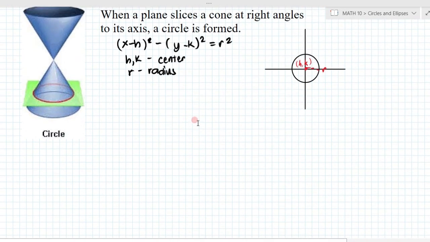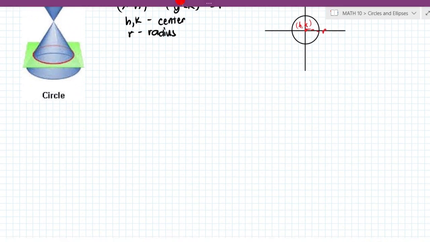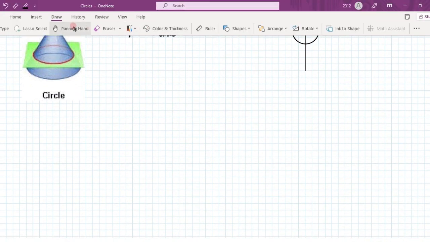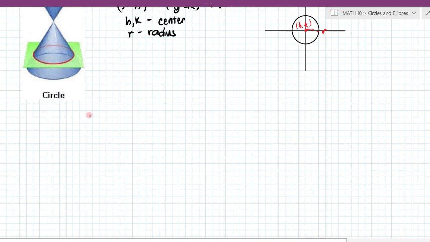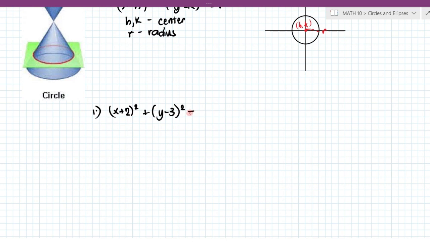For example, we were given an equation. Our equation would be (x + 2)² + (y - 3)² = 25.